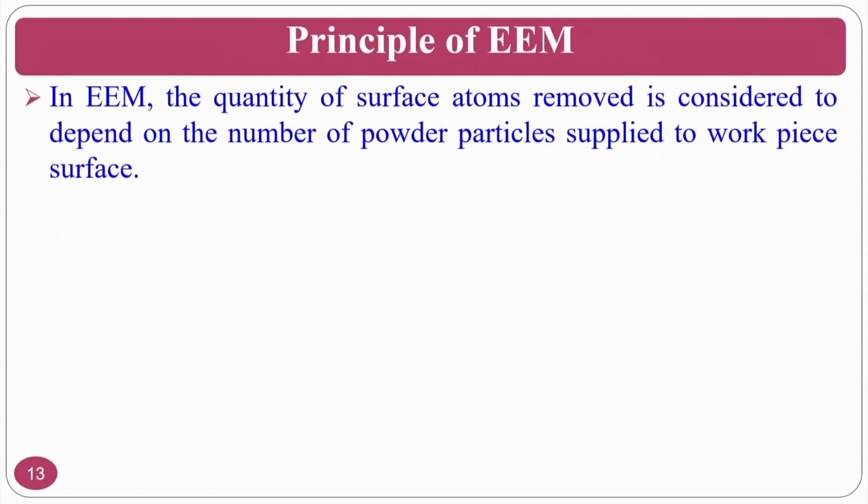The principle of EEM: in EEM the quantity of surface atoms removed is considered to depend on the number of powder particles. As I said, abrasive particles, because each abrasive particle will form OH bonding with the workpiece surface, and it will remove. In short, the powder particle supply is the most significant factor in determining the process efficiency.